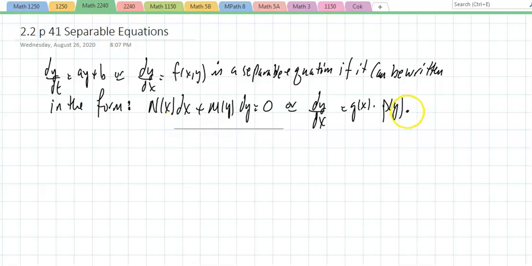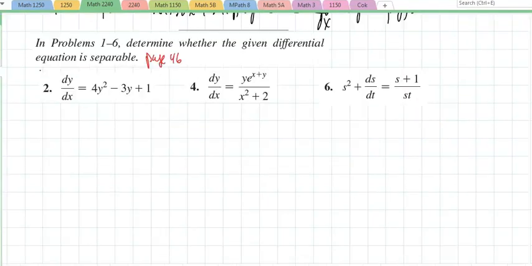So let me get some problems. I'd like to look at the following three problems really quick. They're asking to determine whether the given differential equations are separable. The reason you want to separate is that if you could separate the dy with the y and the dx with the x, then you could integrate like you did in calculus.